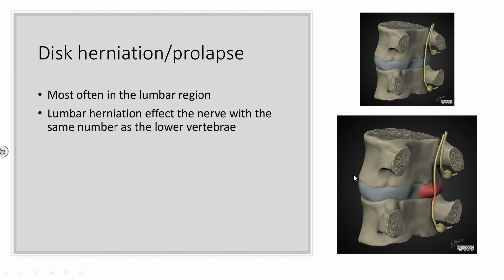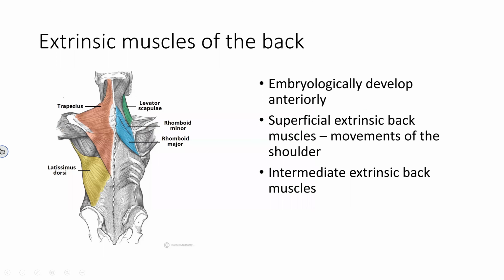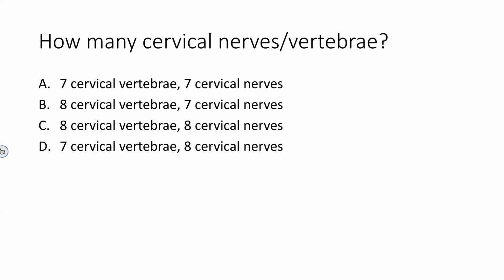Generally, the herniation will affect the nerve that goes out lower, after the intervertebral disc. And this diagram sort of shows that nicely. Extrinsic muscles of the back, there's a few of them. And I think this is the last slide.